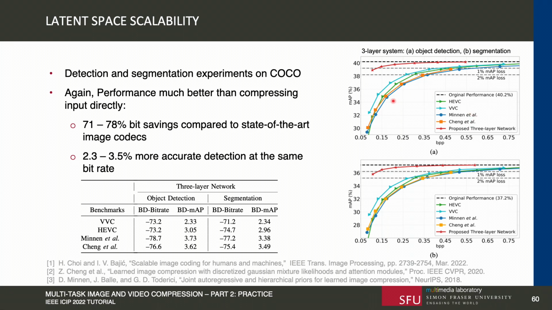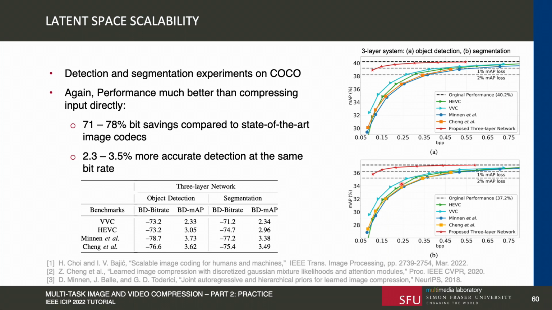And then we compare that against the other conventional image codecs, HEVC, VVC, and the two prominent end-to-end trainable image codecs. And you can see that the bitrate versus mAP curve is quite a bit better than input compression. And the same is true for instance segmentation.